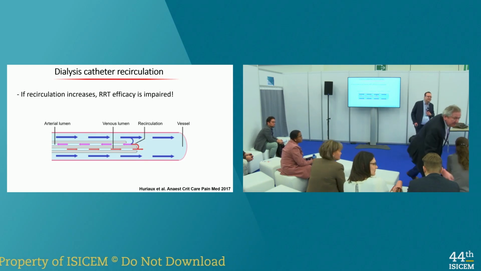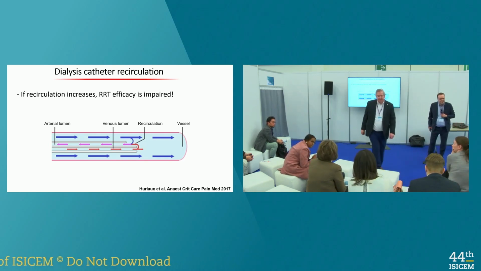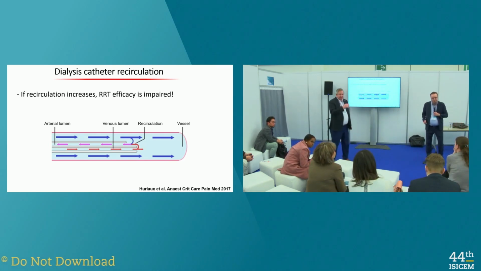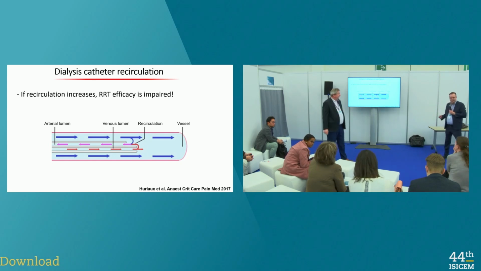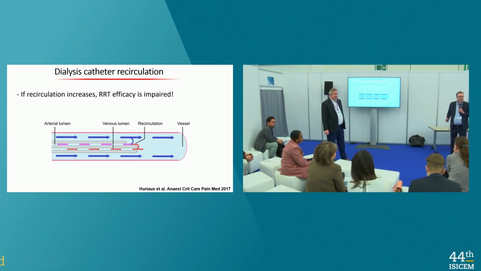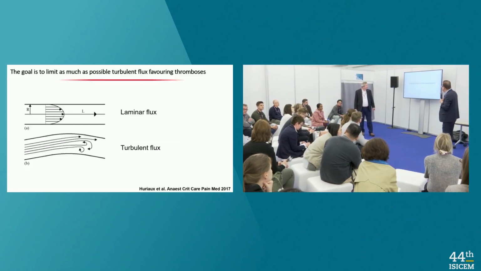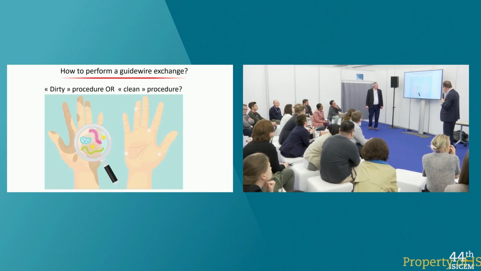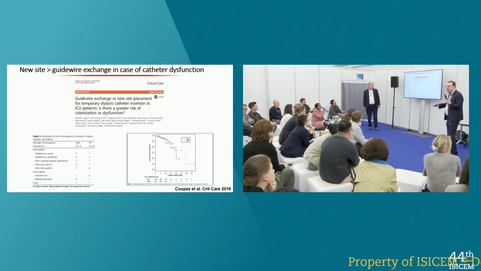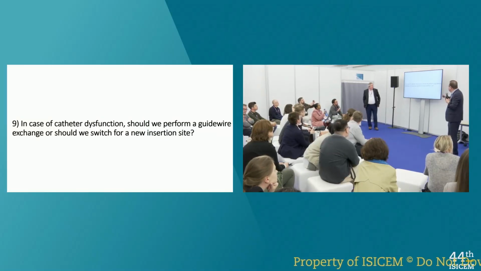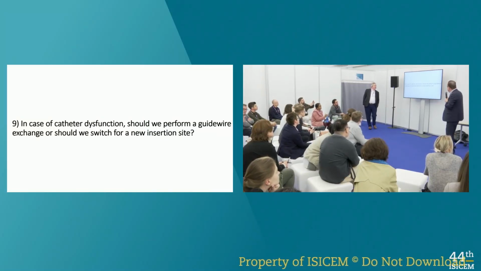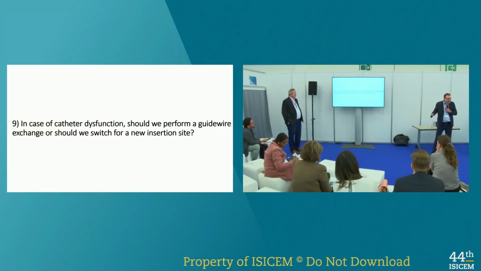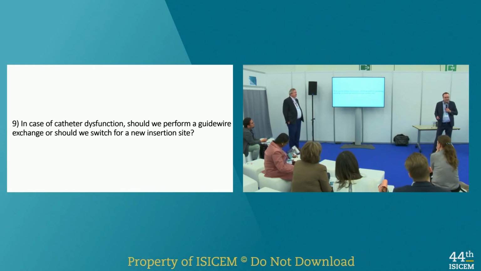Do you think that rewiring catheters, if you've got a problem with a catheter, putting a wire down and putting another catheter down, is it a worthwhile exercise, or should you just put a whole new catheter in? Okay, I was expecting your question also. So the question here, if I understand correctly, is if you have catheter dysfunction, do you perform a guide wire exchange, or do you switch to another site?